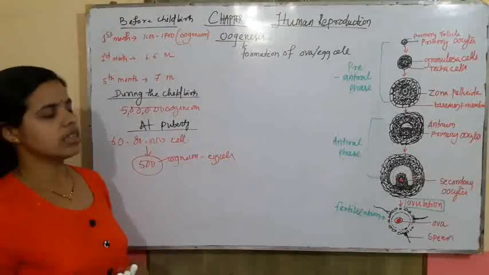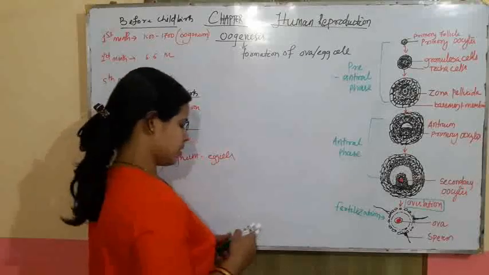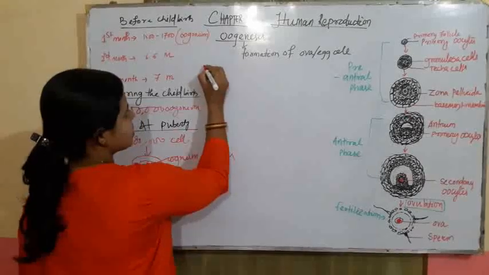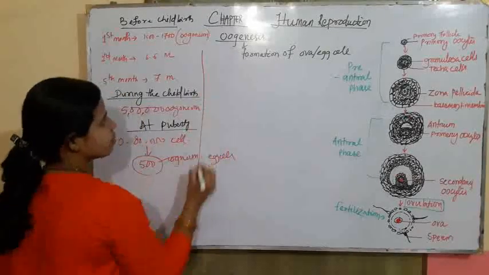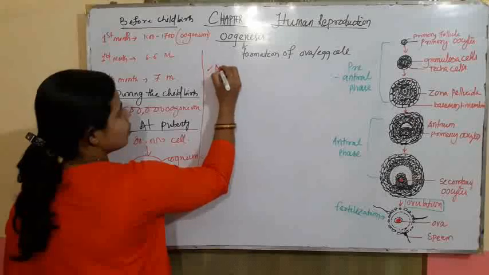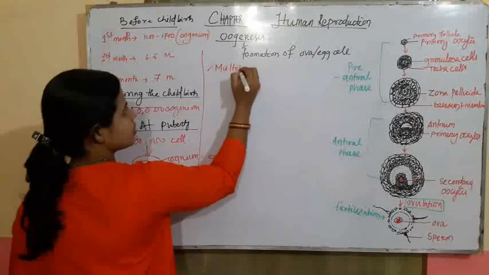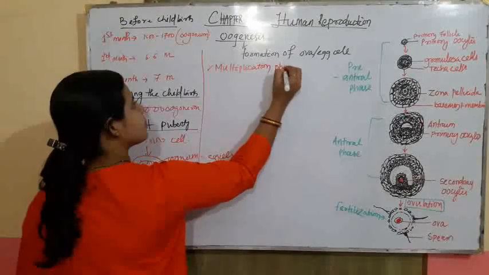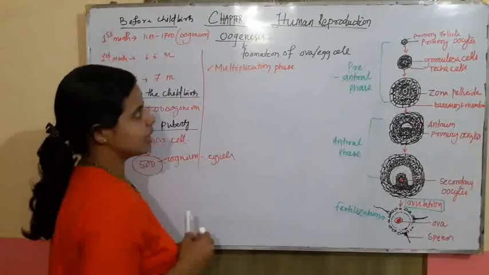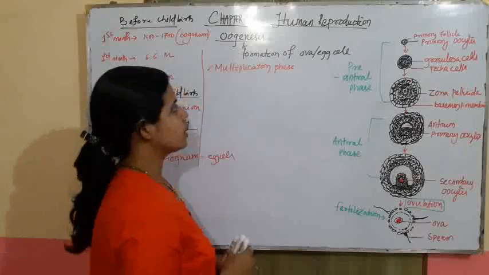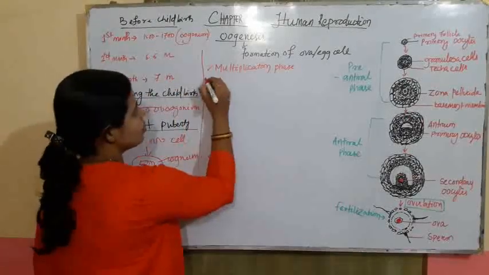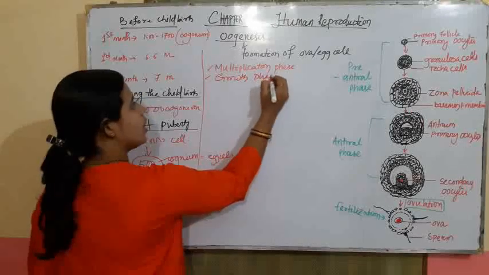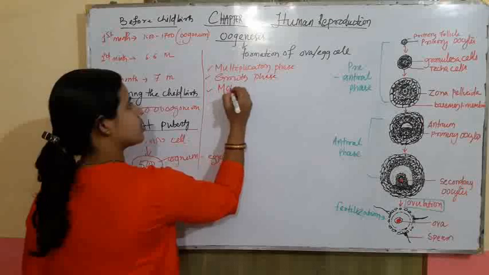This oogenesis process, again we will discuss by the same method: it takes place in 3 steps. One is the multiplication phase, then the growth phase, and the maturation phase.